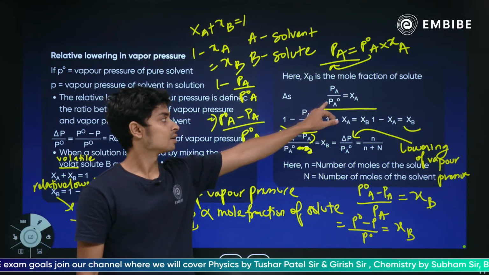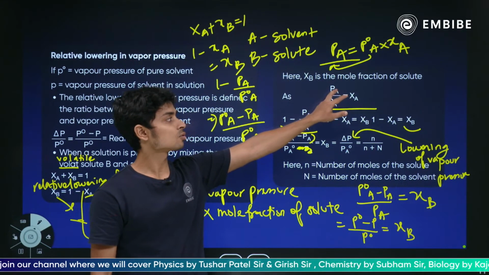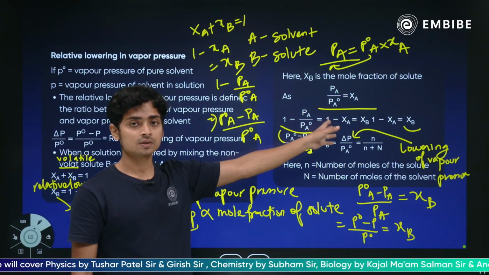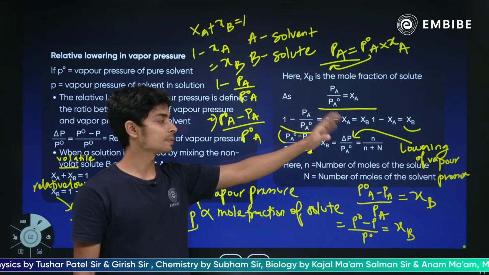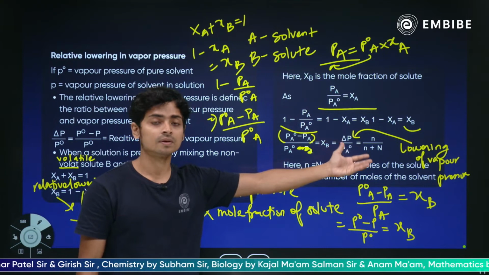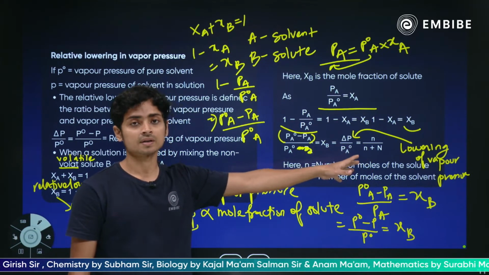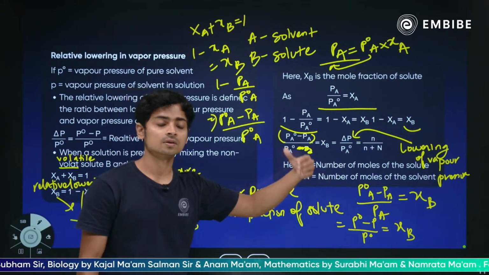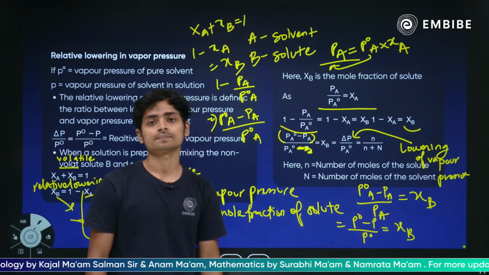So when you add a non-volatile solute to a solution, the total vapor pressure is only dependent on the vapor pressure given by the remaining solvent particles. The solute particles don't have any contribution. Total pressure is given by your solvent particles.